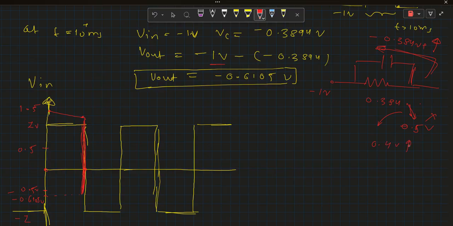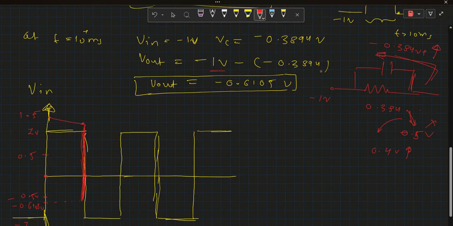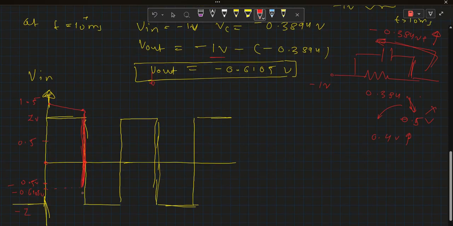If the capacitor voltage increases, the V out will decrease in magnitude, but on the negative axis the voltage will rise. Voltage will rise to this value, as this.